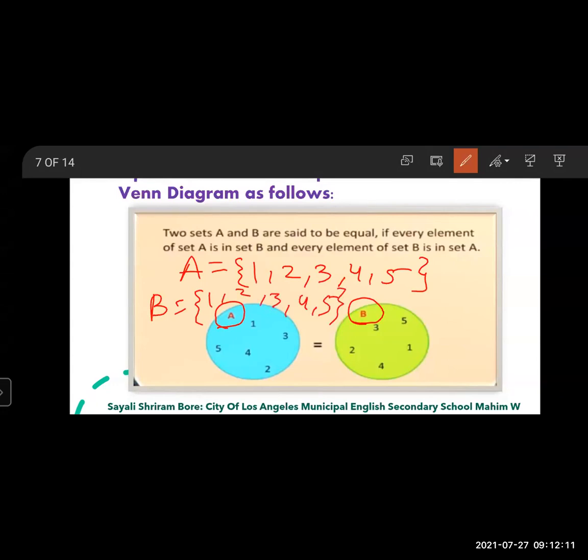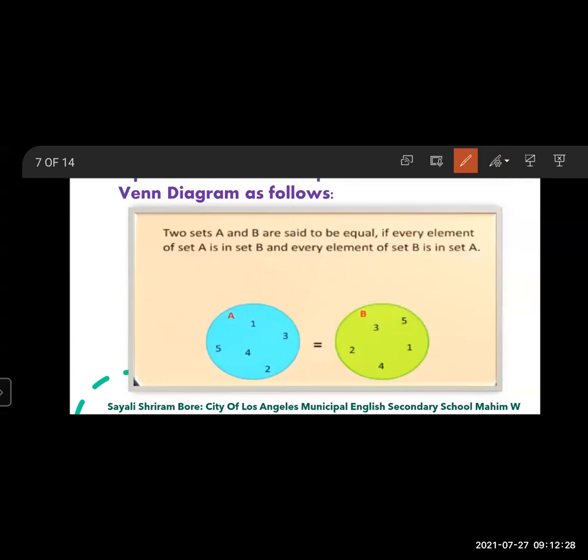All the elements which are in B are in A, and which are in A are in B, so we write A equals B. This we have studied, but this equal set can also be represented in the Venn diagram method.